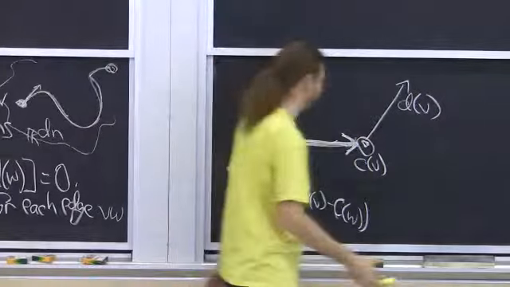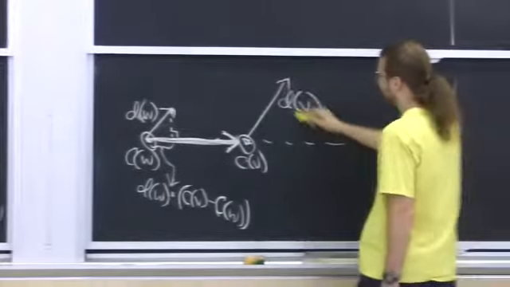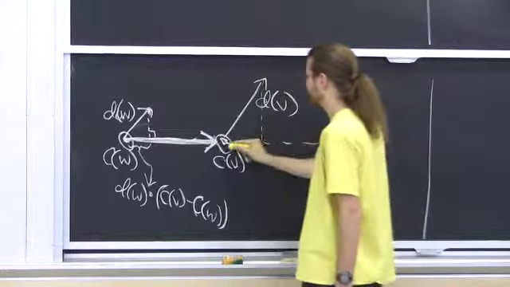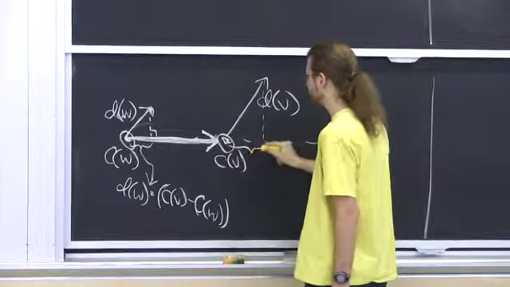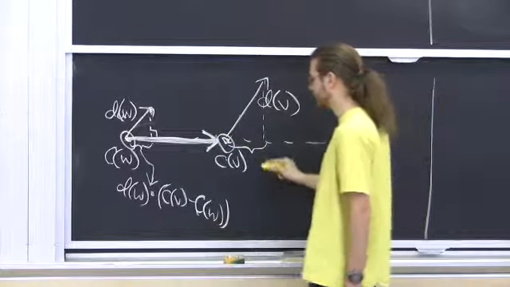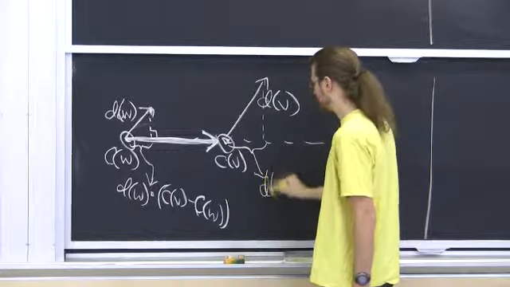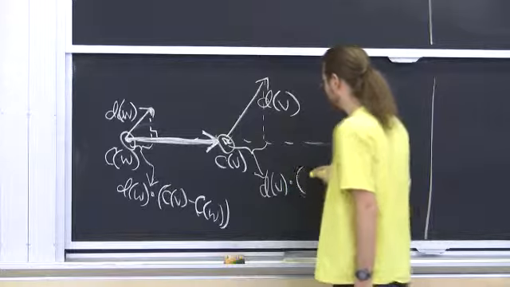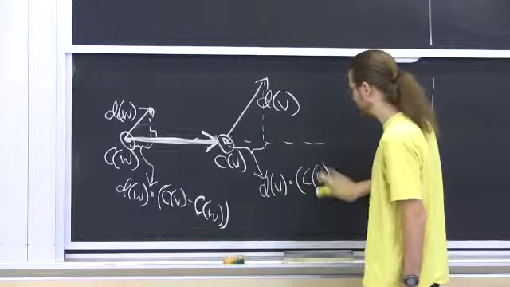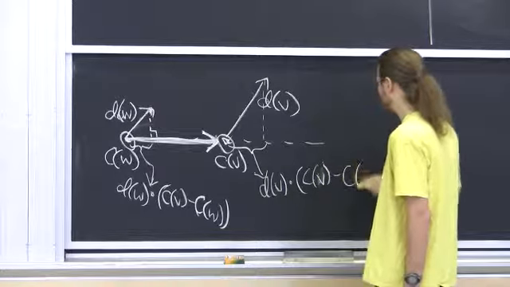That's how you'd write it algebraically. And same deal over here. If I project this vector onto this one, that's going to be the first order change to this edge length caused by this vertex moving in that direction. So this is d of v dot c of v minus c of w.